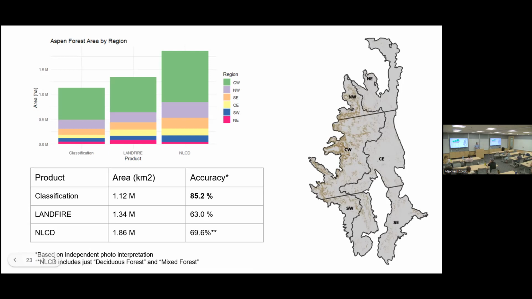So 85%, and we can compare that using the same photo interpretation data set to Landfire at 63%, which actually matches what the Landfire report says for that region, and NLCD at a slightly higher 69%. And again, it's important to remember that NLCD doesn't explicitly call out aspen forests. So that's probably another reason why we see such a larger difference in the NLCD.